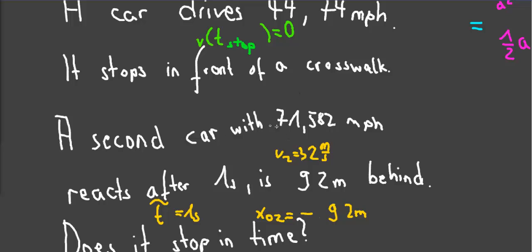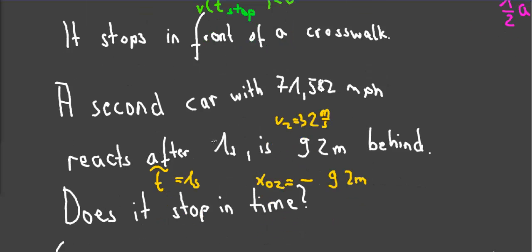Now a second car comes with 71.582 miles per hour. And you can once again see why it shows that number, because it's 32 meters per second. Now it reacts after 1 second. What does that mean? That's very interesting.